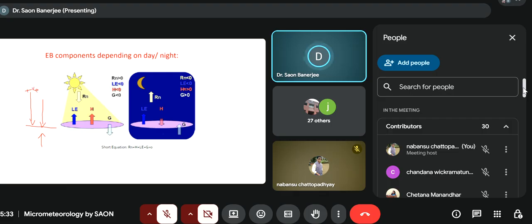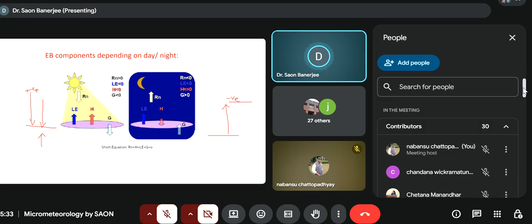If it goes away from the surface, it is taken as negative. So coming towards the surface is positive, going away from the surface is negative.